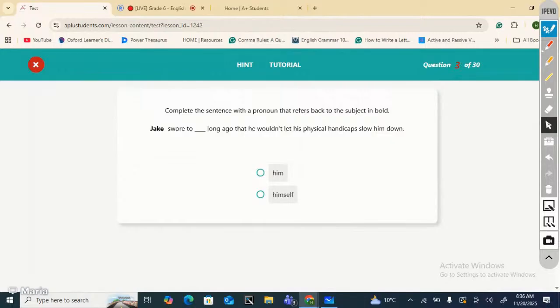The subject in bold is Jake. Now choose a pronoun that refers back to the subject.